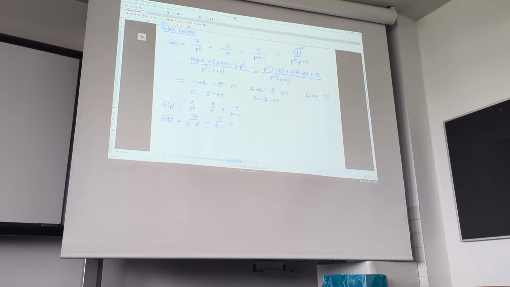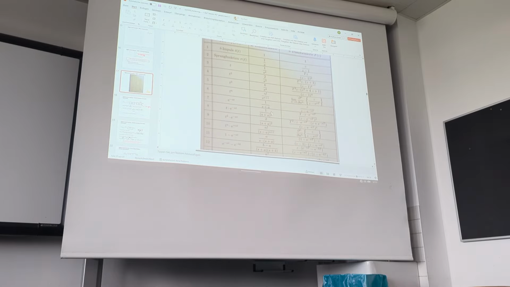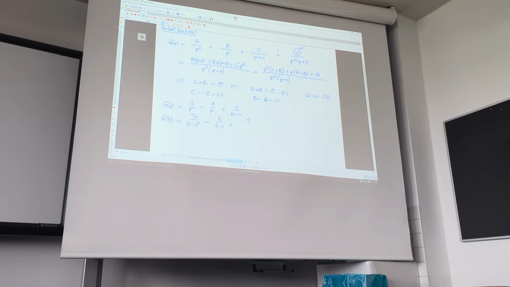And then plus. And now the last one missing is 1 over P plus 1. And 1 over P plus 1 is the same as line number 7, 1 over S plus A, where A is equal to 1. So we have Z over Z minus e to the power of minus AT, and A was 1.